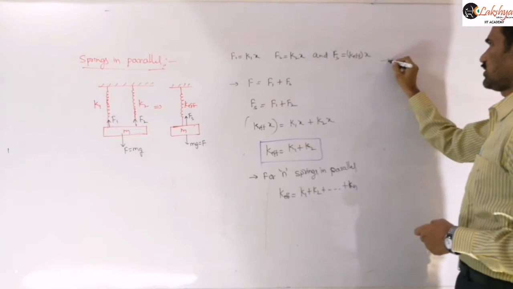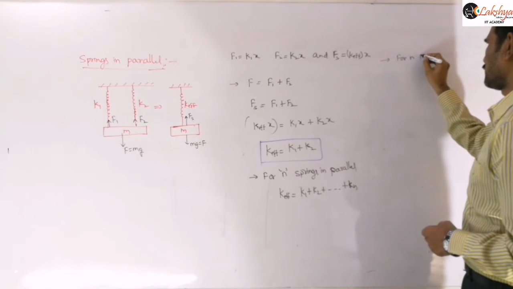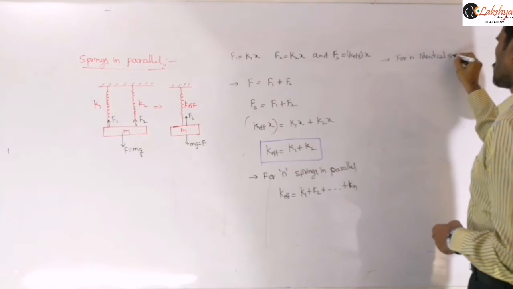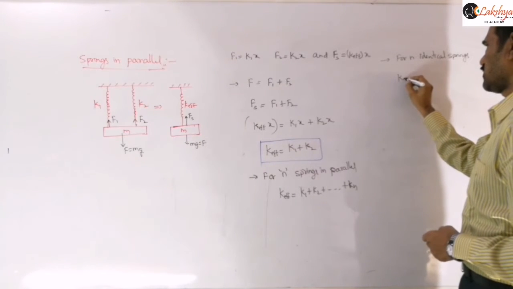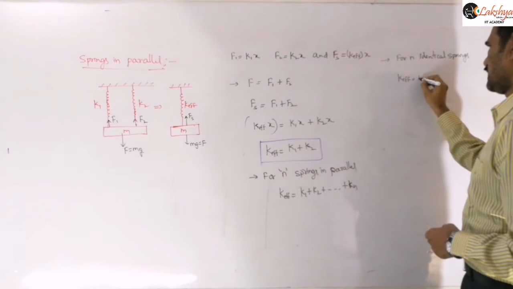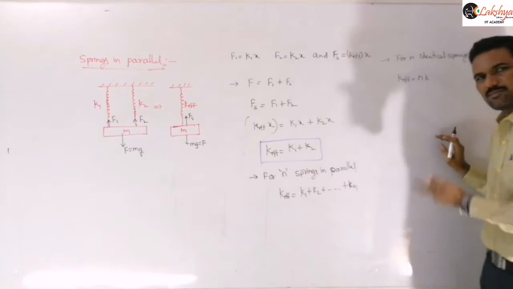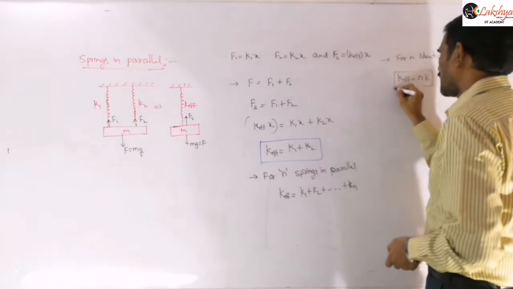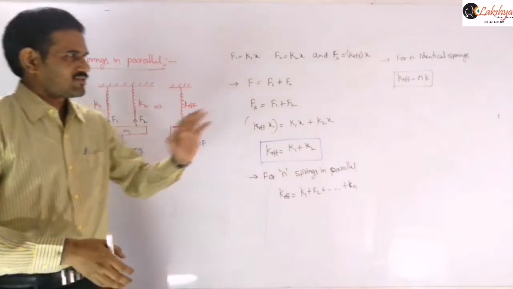For n identical springs, you can write K effective is equal to n into K, because K plus K plus K and so on n times is nothing but n into K. This is the case when n identical springs are connected in parallel.